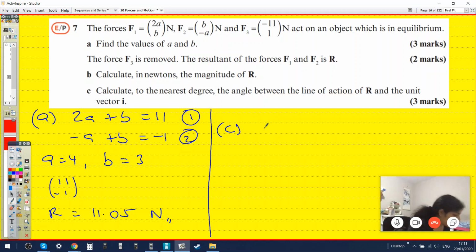Apparently the angle is 5.2 degrees, but that seems really small, so might not be right. Did you do inverse tan of minus 1 over 11?